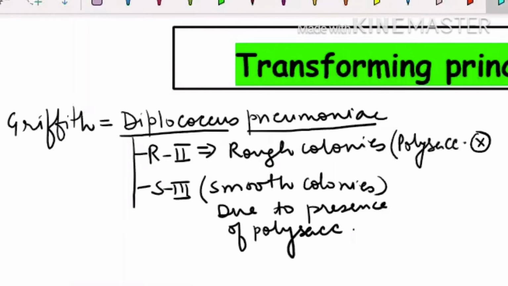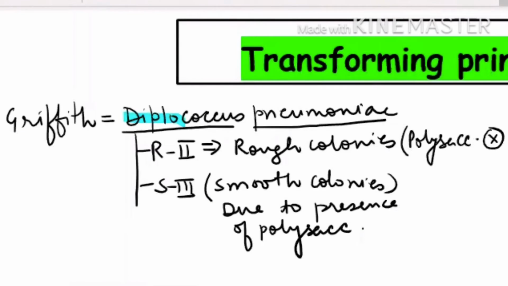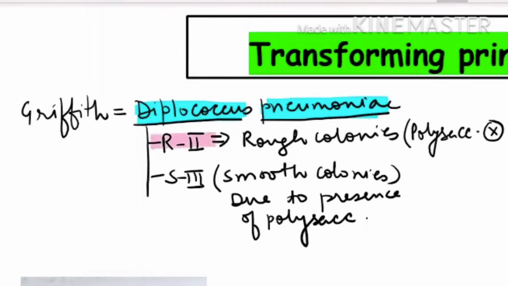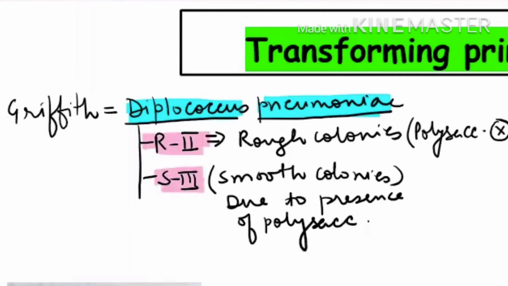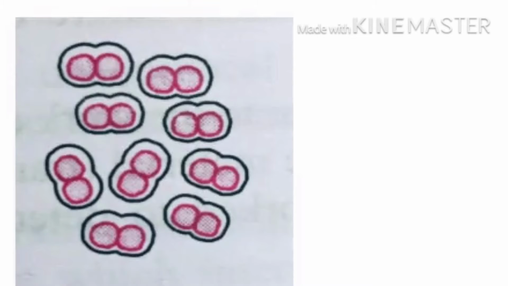So I hope this topic is clear. Diplococcus pneumoniae was used as an experimental material by Griffith, and it has two strains, the R strain and the S strain. Now see the diagrams. This is the S strain bacteria.